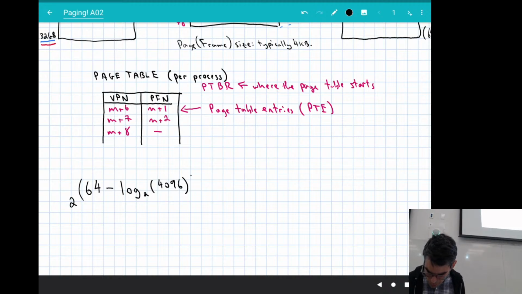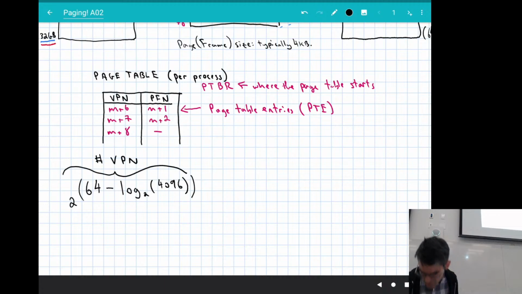So this is 2 to the power of 64 minus log base 2 of 4096. This is going to give me the number of pages that I have in my address space. This is the number of virtual page numbers that I've got in this system.